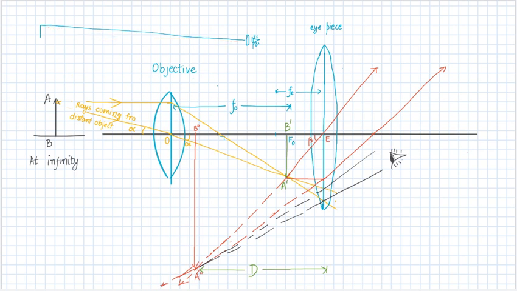So in such cases, we can assume that our eye is somewhere near the objective. If our eye is placed here, then the angle subtended by the object at our eye is alpha. So magnifying power states the ratio of this angle beta by angle alpha.